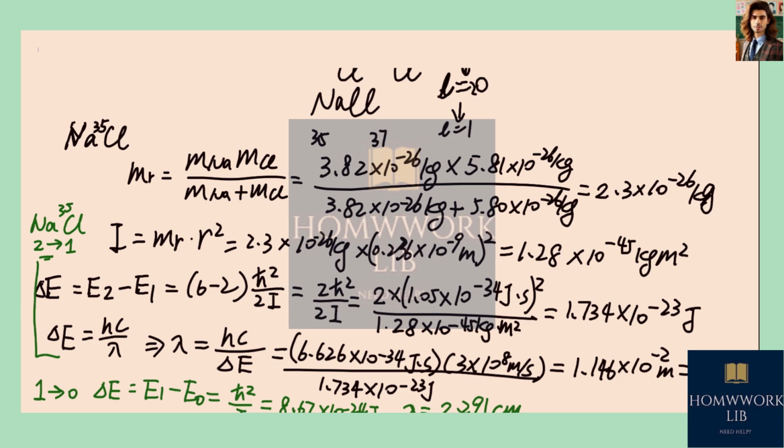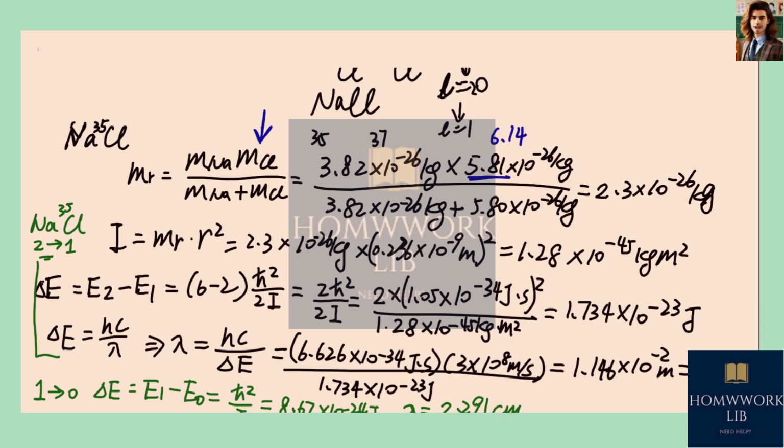What about sodium chloride 37? For sodium chloride 37, what is changing is that for this number, instead of 5.81, we will be using 6.14.